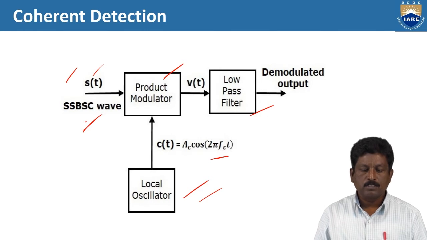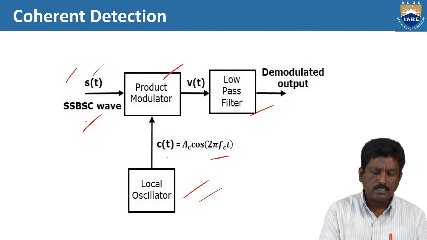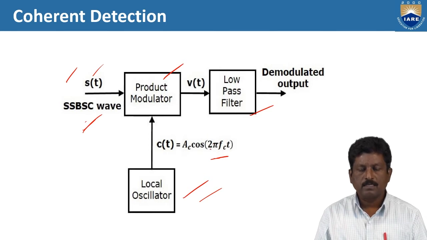Once you have the received signal S of t, you have to arrange the local oscillator here, which can generate the carrier signal C of t equal to Ac cos 2 pi f t.